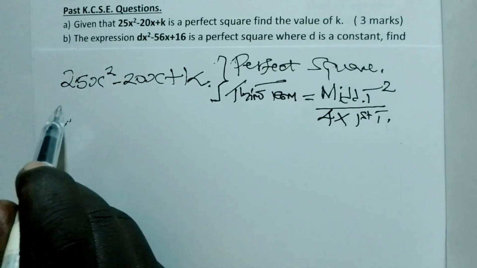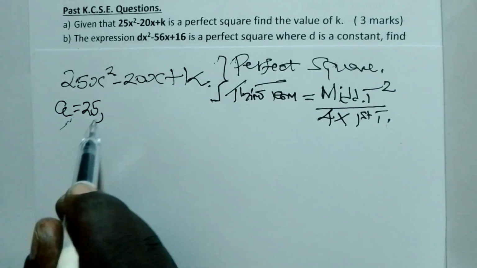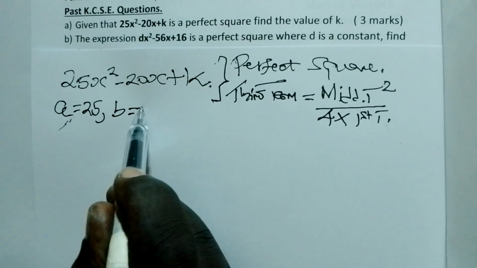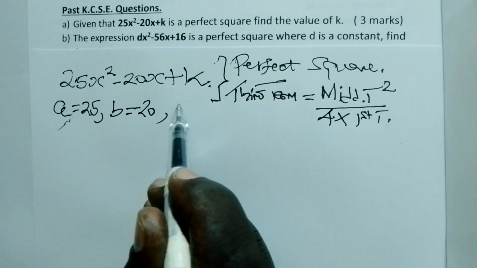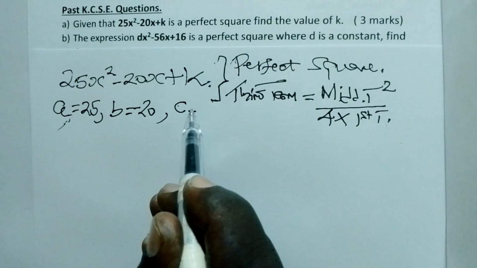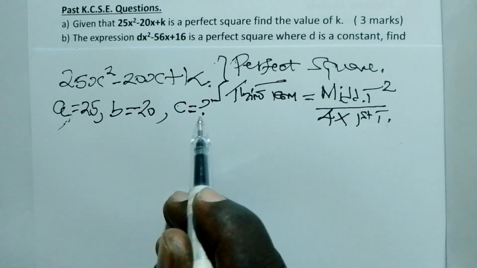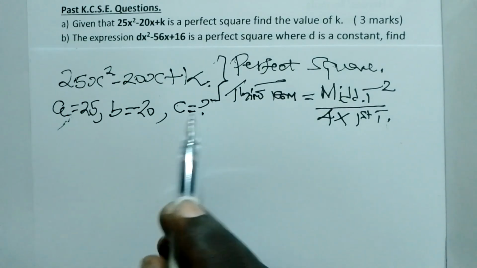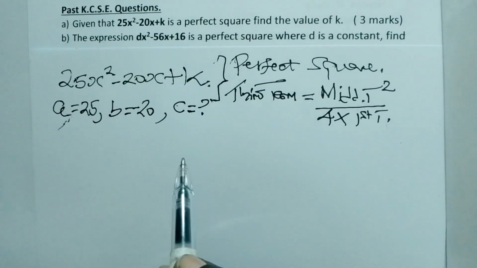The first term is given by a, which is equal to 25. The middle term is given by b, which is equal to negative 20. And the third term is given by c, which is k in this particular case, which is unknown to us.